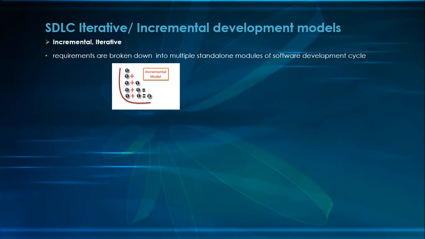The requirements are broken down into multiple standalone modules of the software development lifecycle. Let's take an example. In this iterative model, you see number one, that's the first bit that we started. I just took the number one.